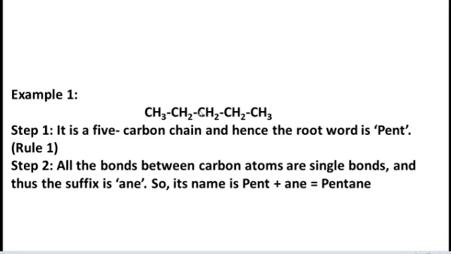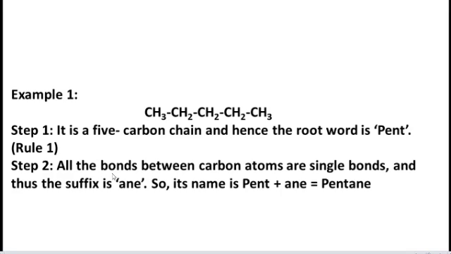If it is only one carbon, meth is the root word. 2 carbons, eth. 3 carbons, prop. 4 carbons, but. Here 5 carbon atoms, so meth, eth, prop, but, and pent. Pent is the root word.